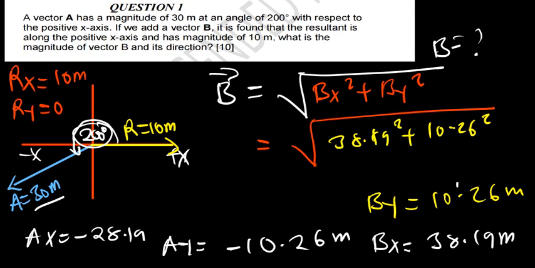I get the square root of this. I'm getting 39.54. Can you confirm with me there? I'm getting 39.4 meters.